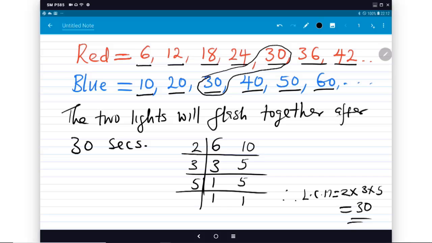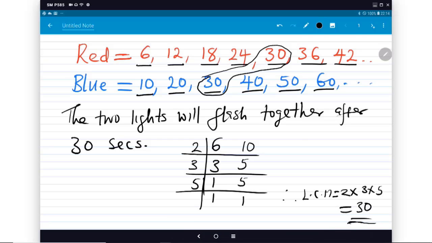That means after every 30 seconds, they will be flashing together. That's what this simply means. After every 30 seconds, the two lights will be flashing together. So this is simply a question on LCM, and this is just how you can easily come across it in GRE.